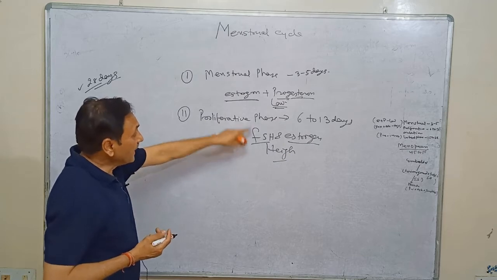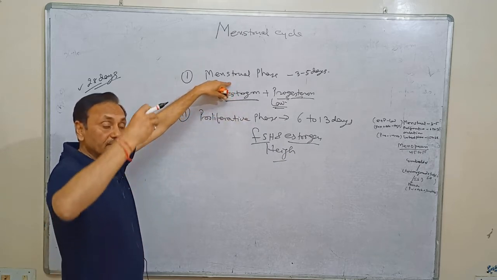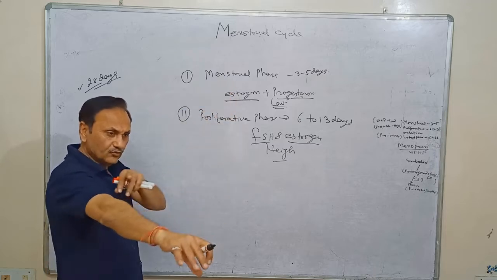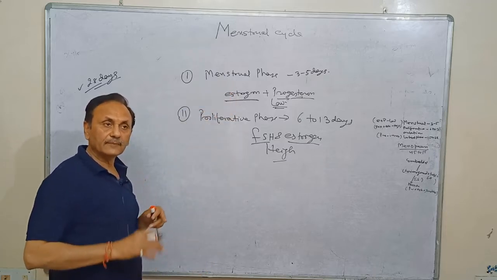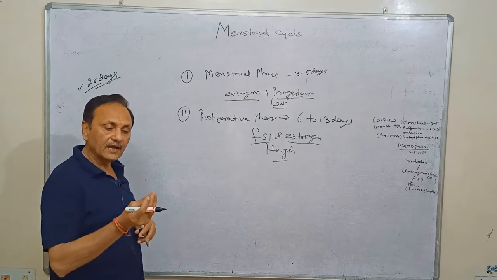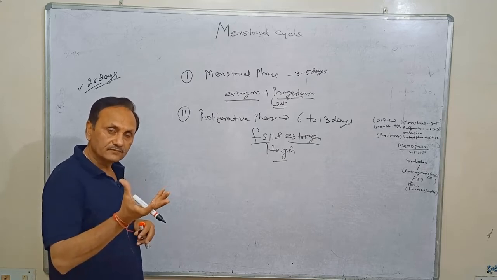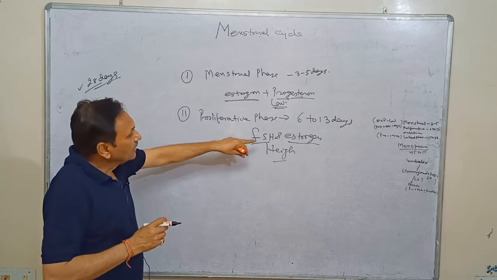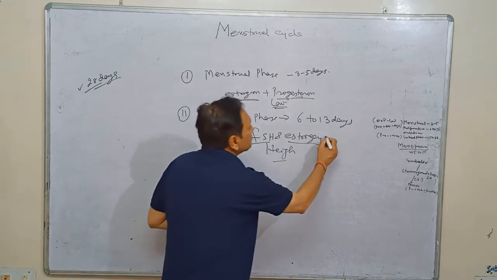When FSH acts upon the primary Graafian follicle, it starts to move inside the ovary towards the cortex, and maturation will start. During that maturation, what happens? The estrogen will be released.